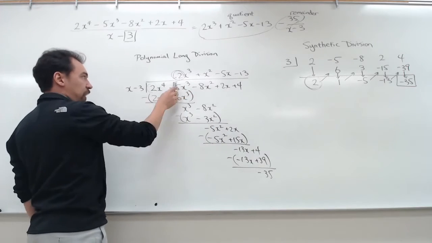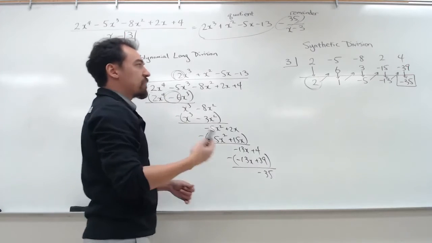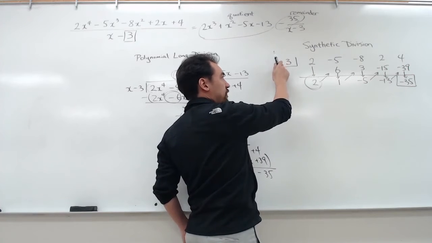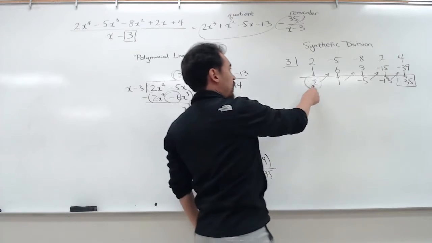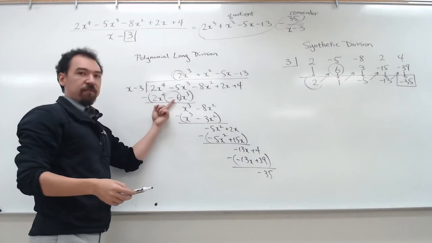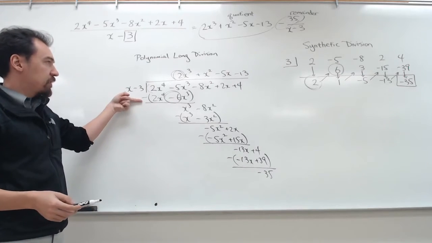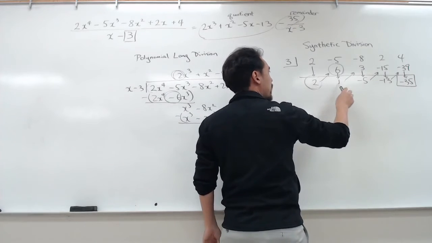In long division, I would then take this 2 times negative 3 to generate negative 6. But in synthetic division, I flipped the sign to make positive 3 instead of x minus 3. So by taking 2 times 3, I get 6, which is the opposite sign of this negative 6. And in long division, I'm subtracting, but since I flipped the sign, in synthetic division, I'm going to add. That gets me a 1.